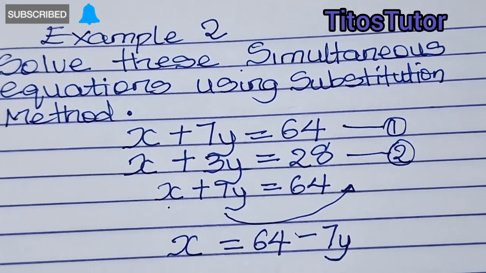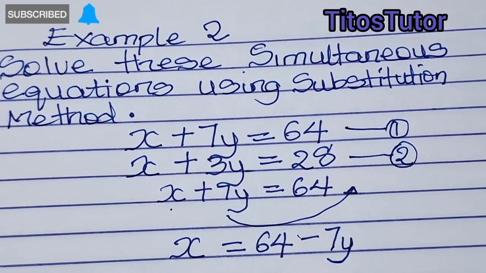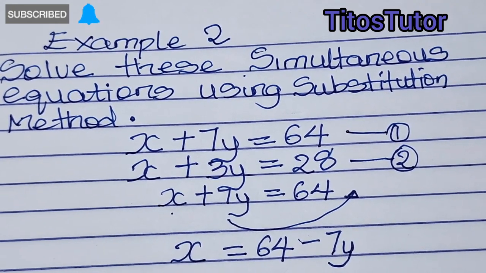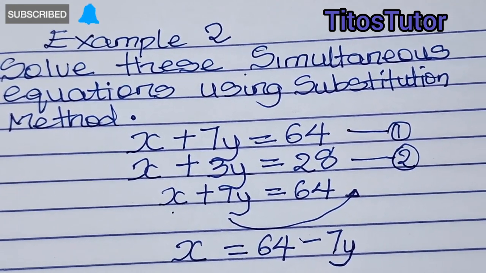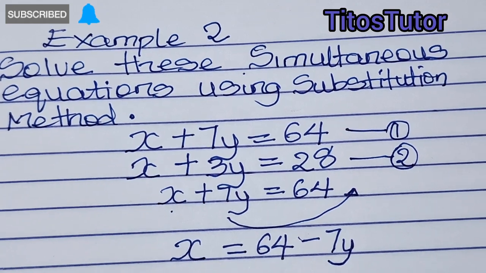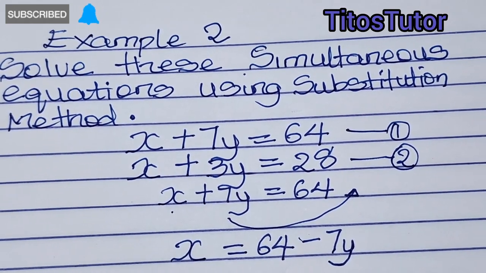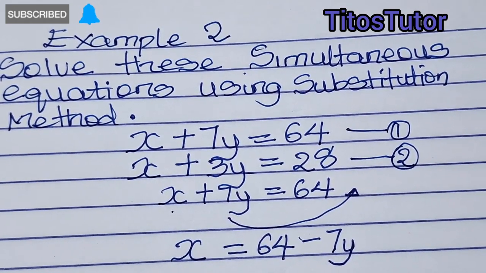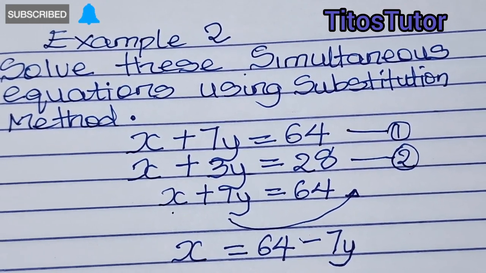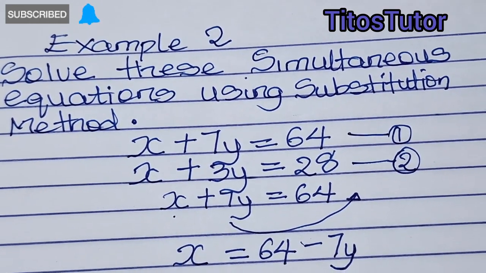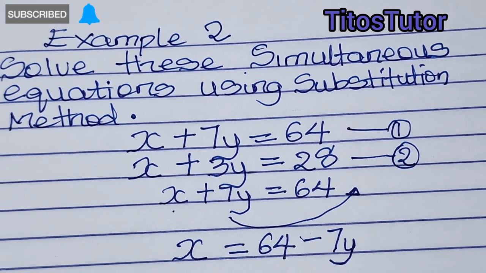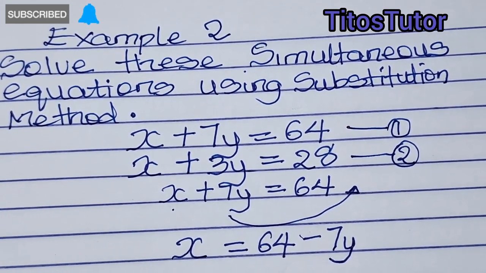Okay, let's do one more example on solving simultaneous equation using substitution method, so that we get ourselves really familiar with how to solve simultaneous equation using substitution method. Example 2. Solve these simultaneous equations using substitution method.